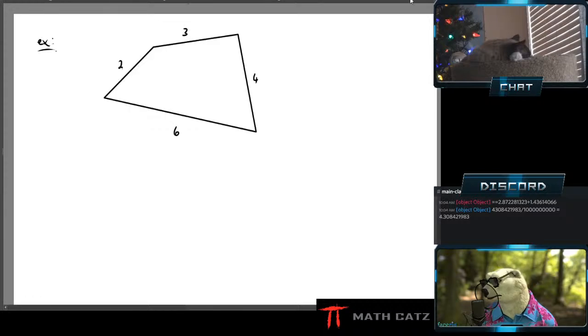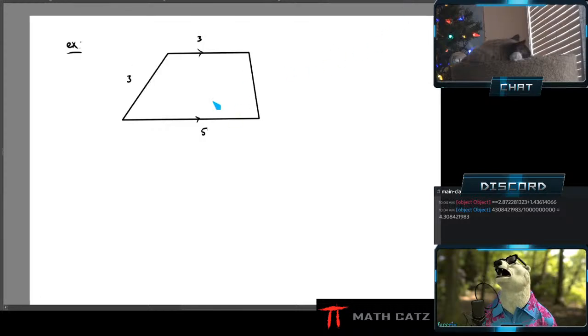I just want to see what the next one is. Okay, so here I have a trapezoid. They don't give me this side length here. I don't know if they give me enough again. For the trapezoid formula to work directly, I need the length of the two parallel sides, and I need the distance between them.